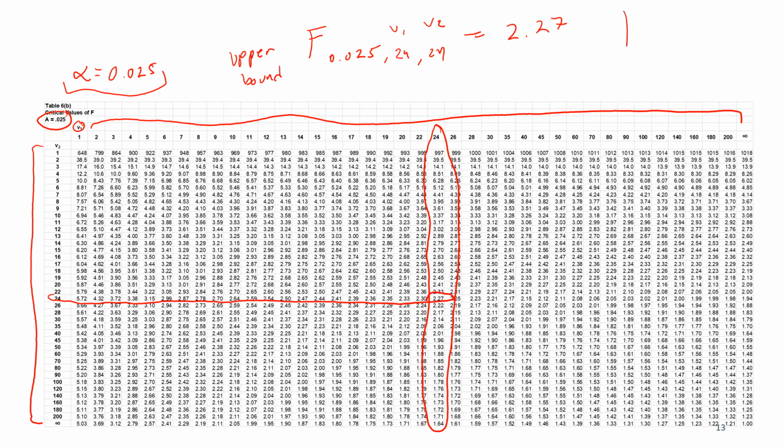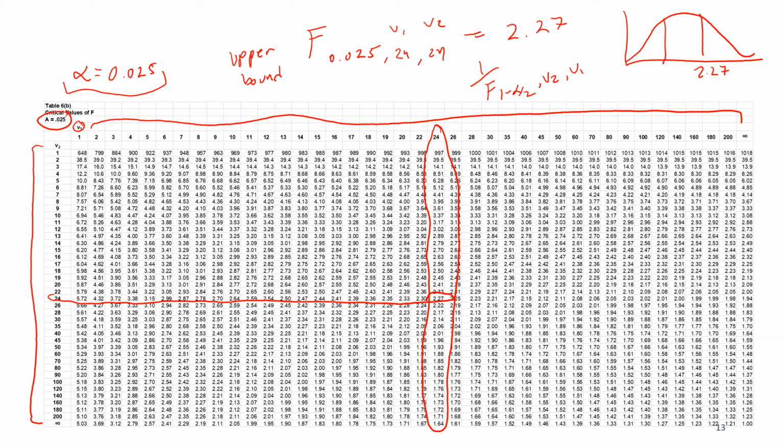What this means is if we look at our distribution, we got the right-hand side. So this is 2.27. Now we want to find the other side. A quick trick on how to calculate the other side without using your table is just doing this. We could do 1 divided by F of 1 minus alpha divided by 2, comma v2, comma v1.